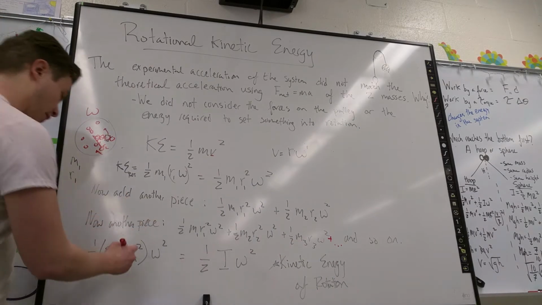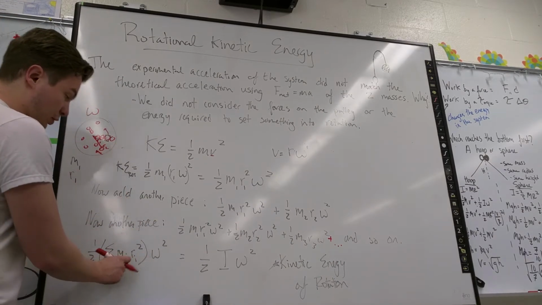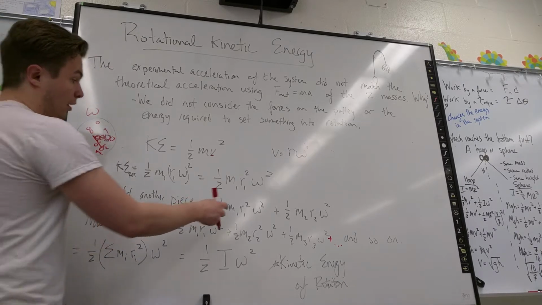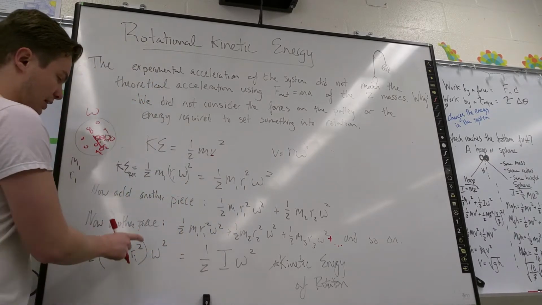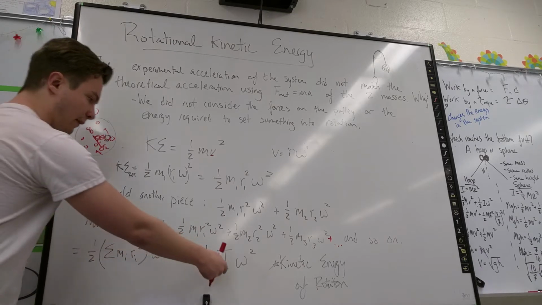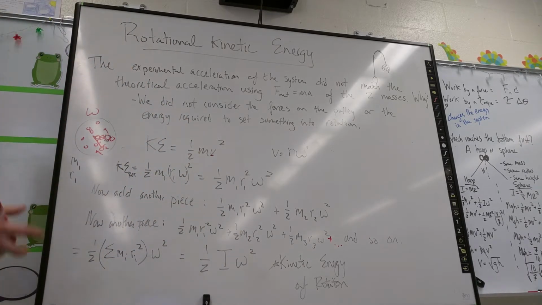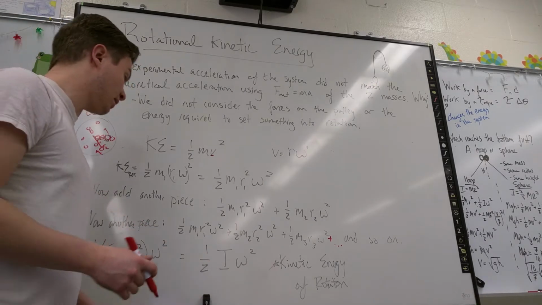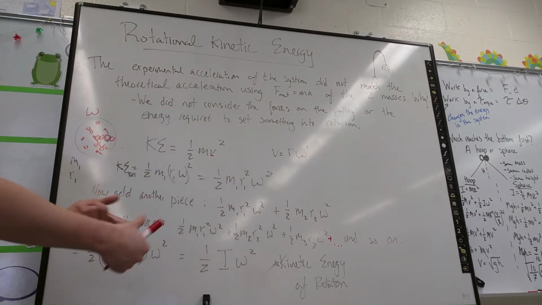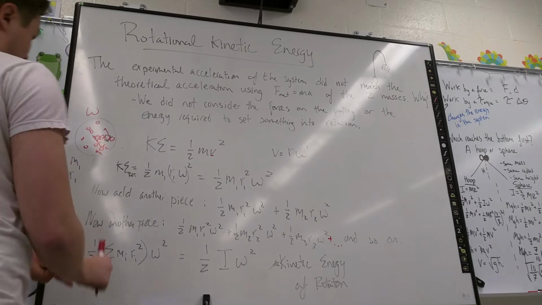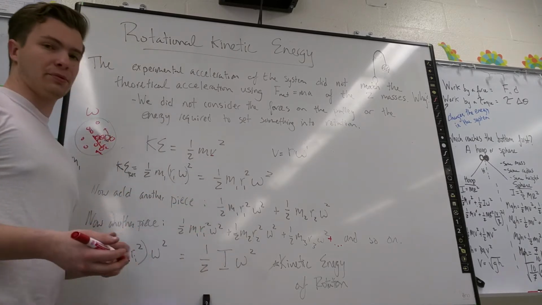But I know that this expression, this function where I add up mr squared, is defined. It's defined to be the moment of inertia for the specific object, whatever it is. And this is dependent on the mass of the object and the radius away, like each piece. So it's the configuration of the object.